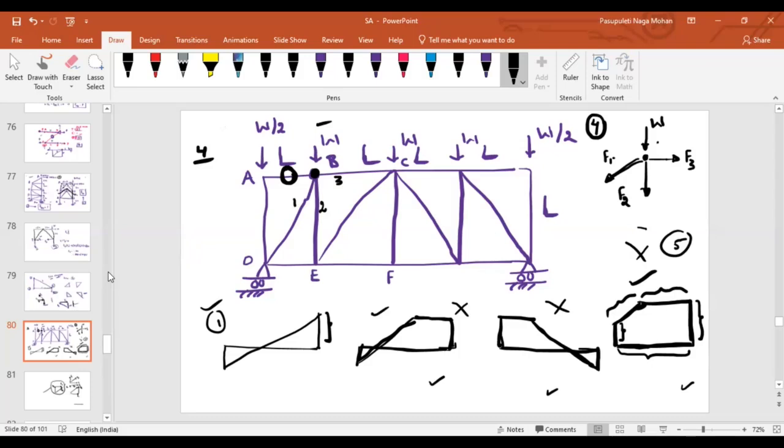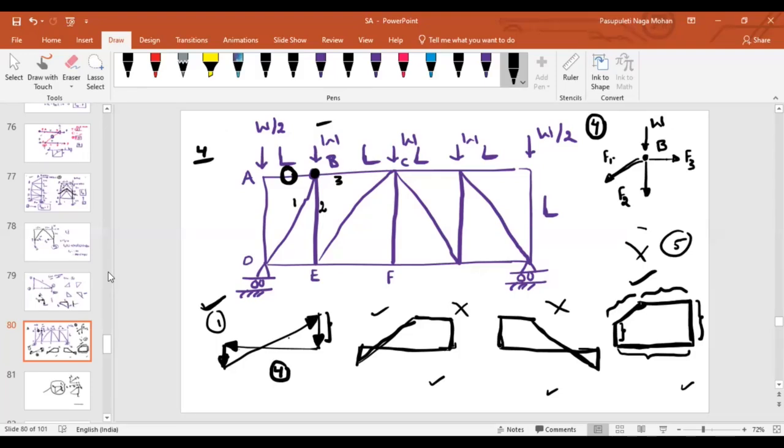But at joint B, in total only 4 forces act. So if I look at diagram 1, this can be a force, this can be a force, and this can be a force. Each line represents one force: 1, 2, 3, 4. So directly without solving anything, I can see that 4 connected lines are there in option 1. That's why I can directly go for option 1 instead of solving.